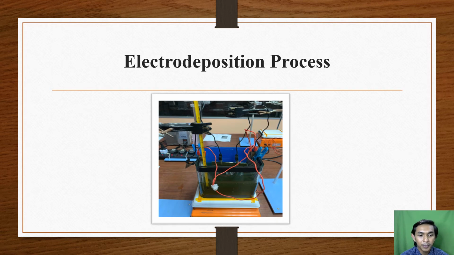The beaker has been filled with sulfate solution on top of the hot plate stirrer as it is required to run the electrodeposition process. So the platinum titanium anode was attached to the side of the beaker. The anode was clipped by a crocodile clip attached to the red wire.